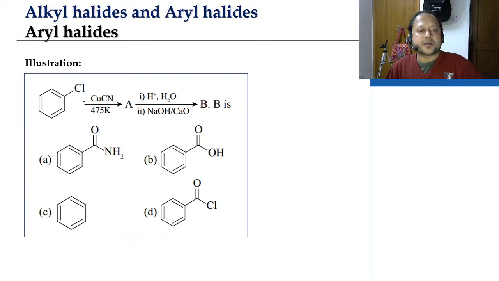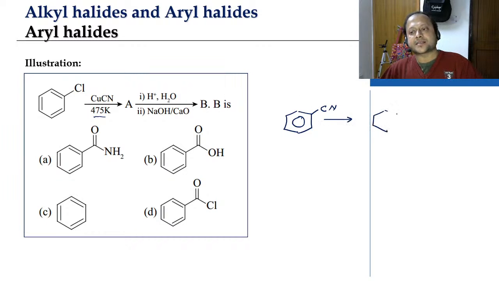So you have got chlorobenzene with copper cyanide. What is going to happen at high temperature? See, this is pretty high temperature. So CN is going to replace Cl, and you are going to have CN here, right? Now they are doing hydrolysis. In case of complete hydrolysis, you are going to have a carboxylic acid, that is, benzoic acid is going to be formed.